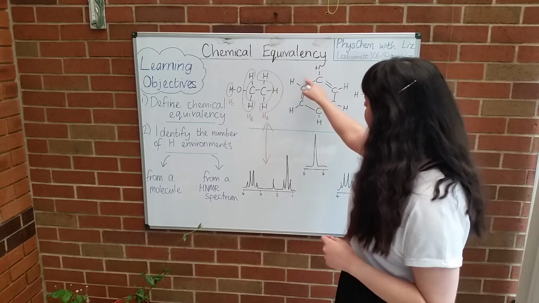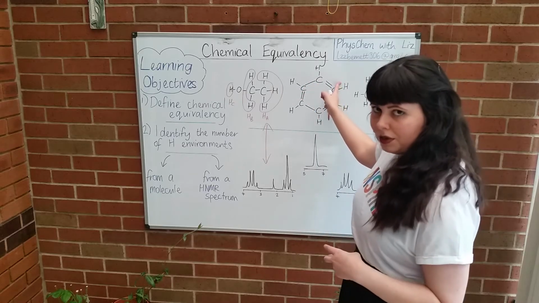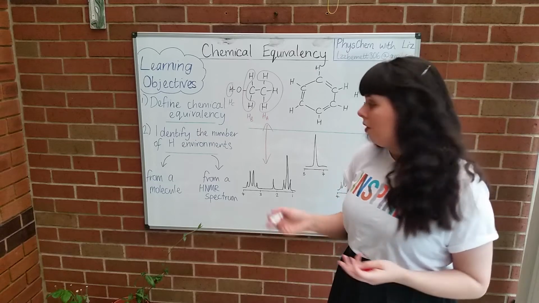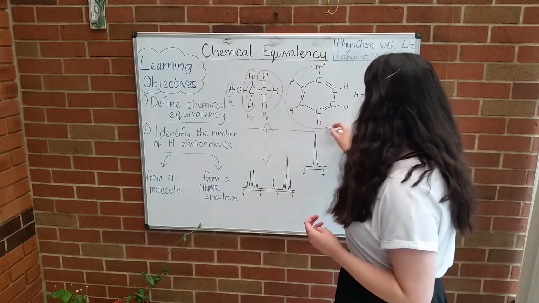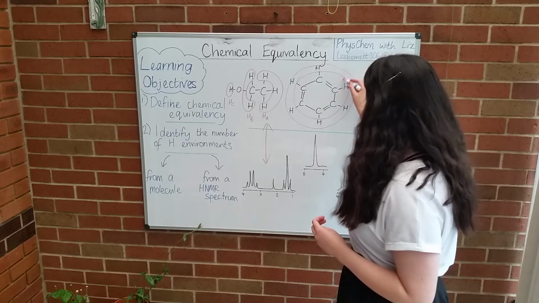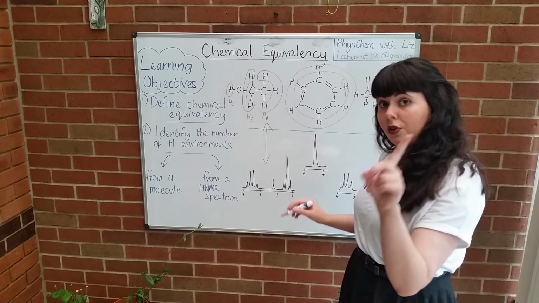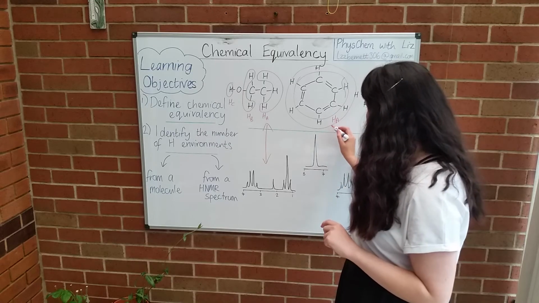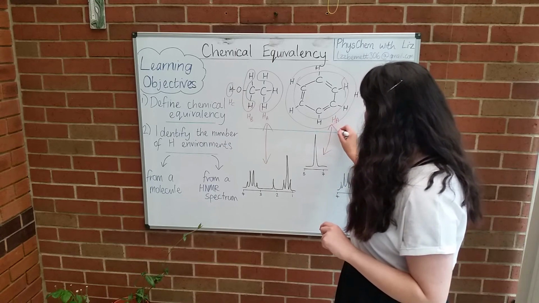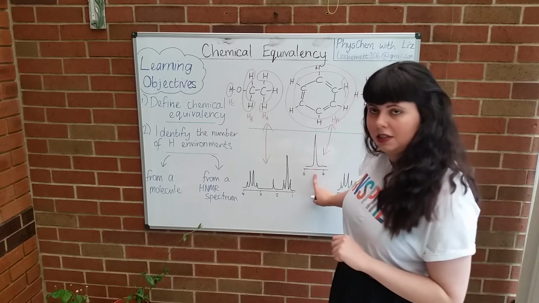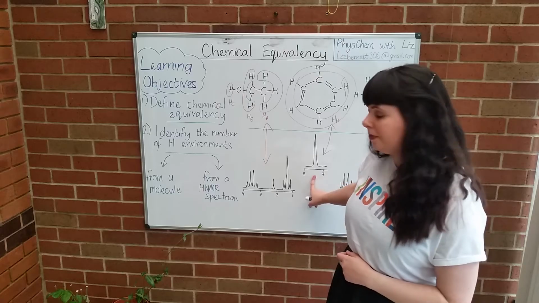On one side we've got a single bond, on the other side we've got a double bond. And that is the same for all of them. Therefore, all these protons are equivalent to each other. So we've only got one kind of proton environment here. Therefore, this molecule is responsible for this signal on this spectrum.